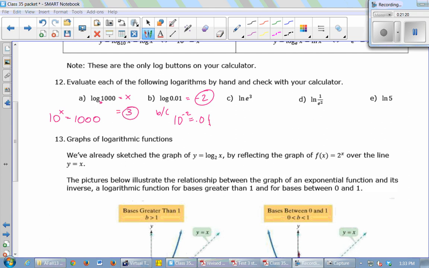ln of e cubed, right, is something, right? So this is asking me, because it's ln, it's a base e, that's just hidden there. So this says e to what power will give you e to the third power? Right, so x is 3 here.